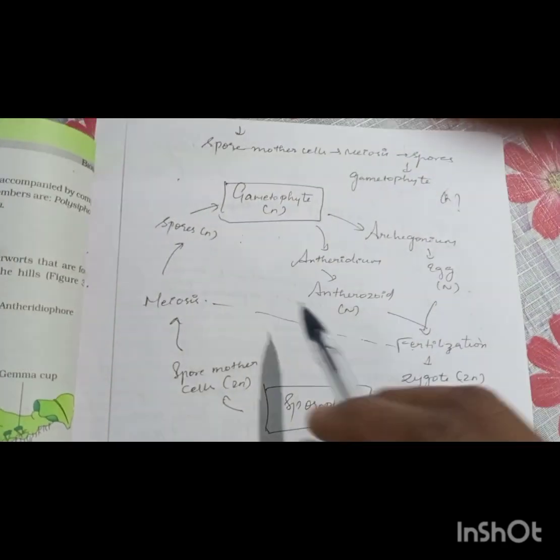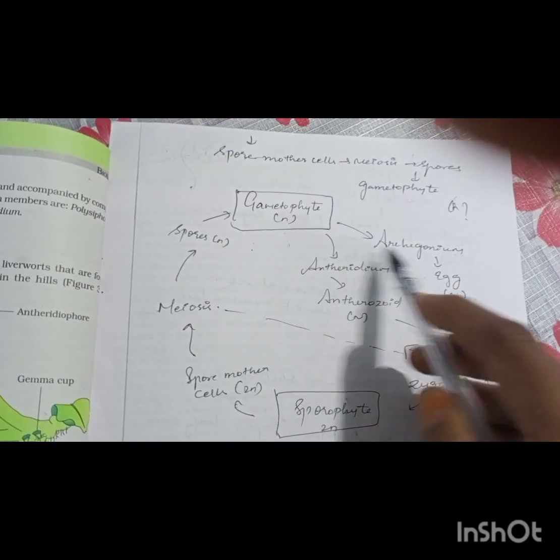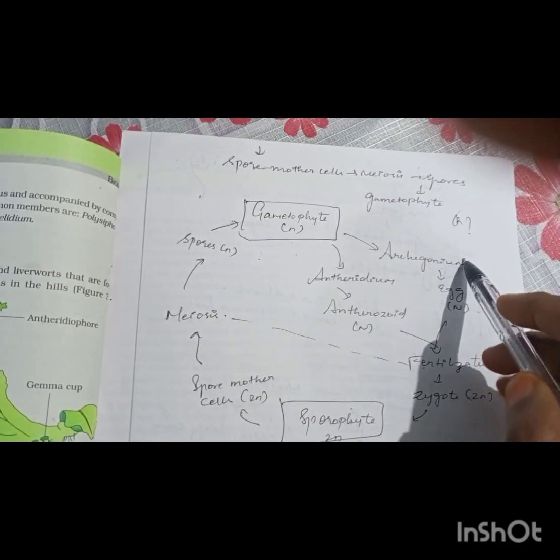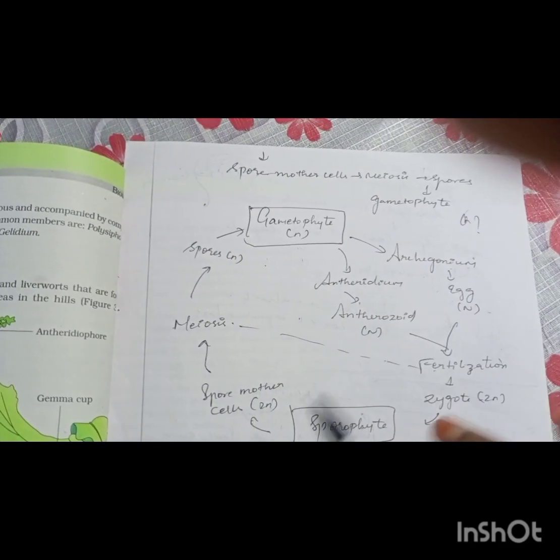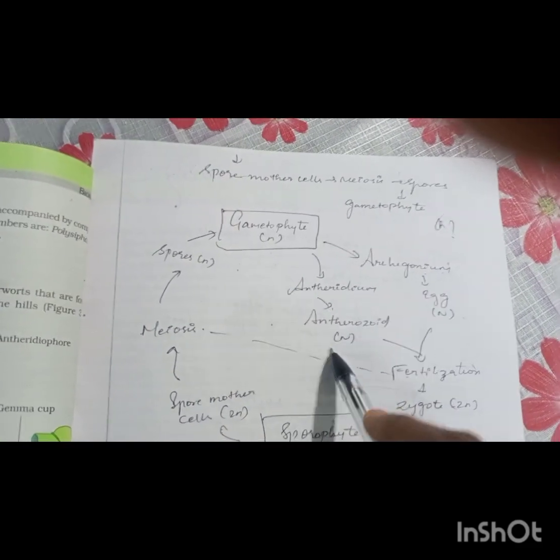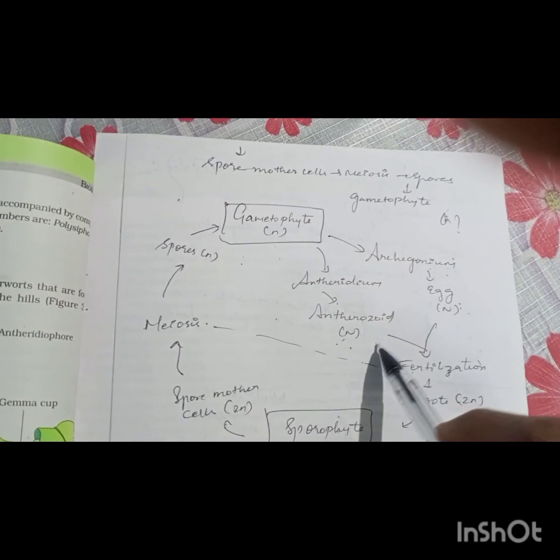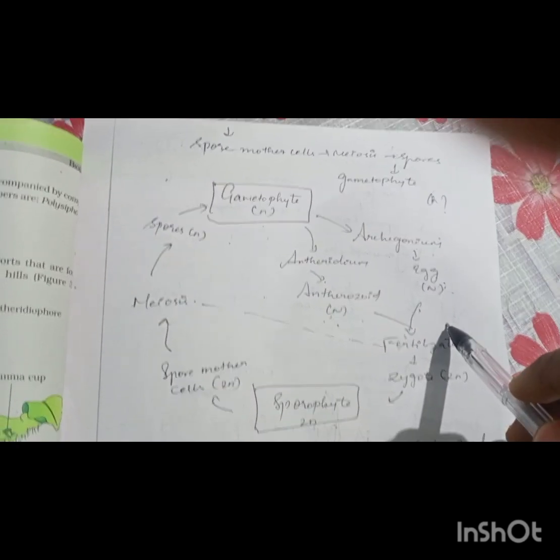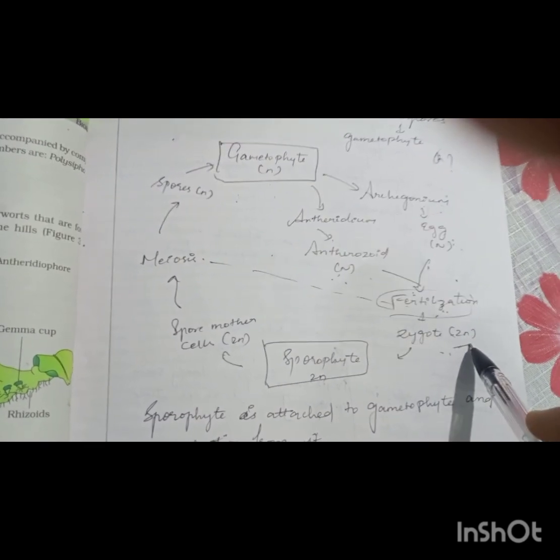So let's summarize here. The gametophytic phase is haploid. It will produce archegonium, the female structure, and antheridium, the male structure, in two different parts of thalli, in two different thalli. The antheridium will give rise to antherozoids, which are flagellate, and the archegonium will give rise to the non-motile egg. Both will fuse in oogamous type, that is fertilization, resulting in the formation of a zygote, which is diploid.